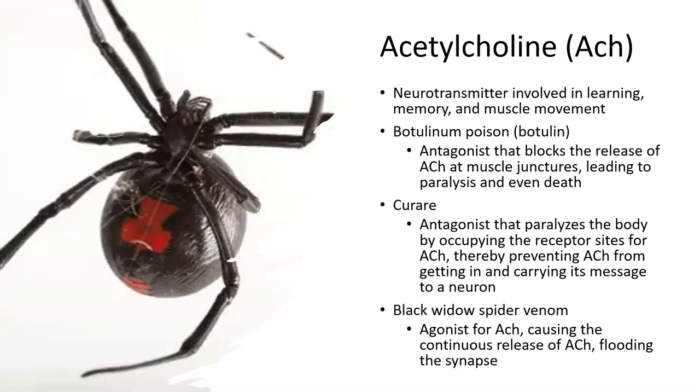Now, acetylcholine is also heavily involved in learning and memory and the consolidation of memory. Most of the toxins that are covered here have their most direct impacts on muscle function, but other kinds of drugs are in development for especially the treatment of neurodegenerative disorders like Alzheimer's or Parkinson's.